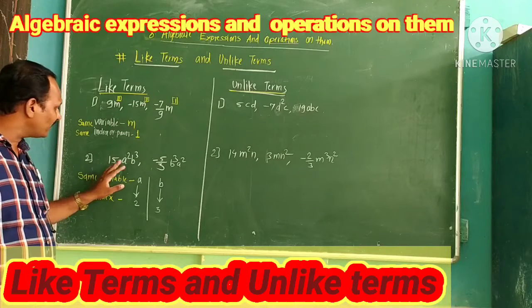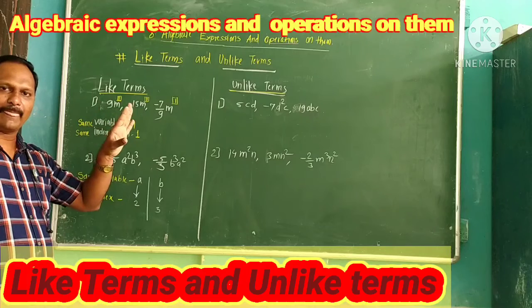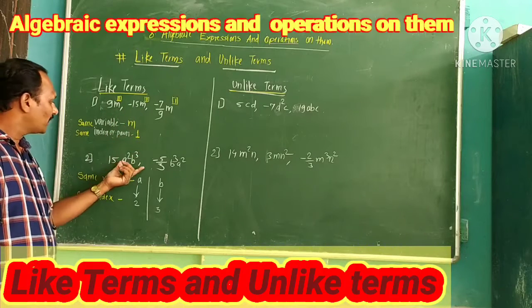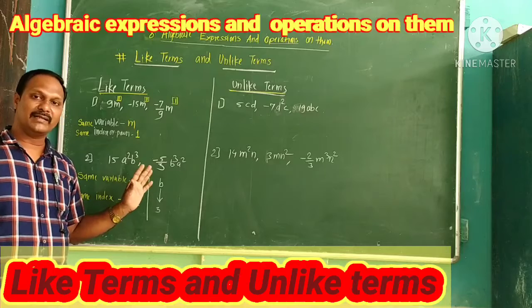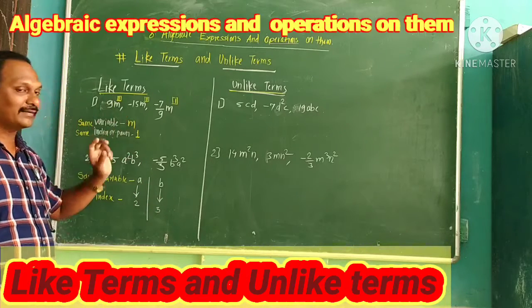You don't look at the coefficient anywhere, but only at the variable with the same index. That is called like terms.